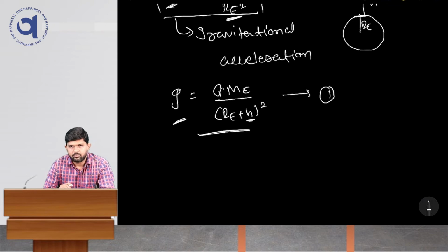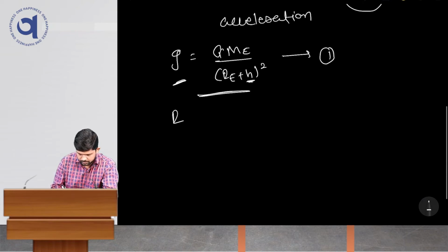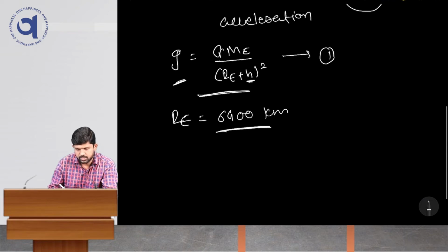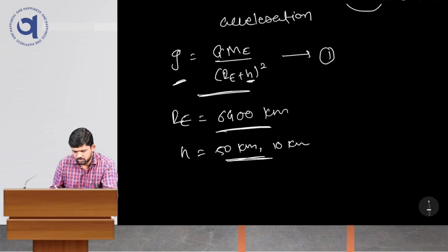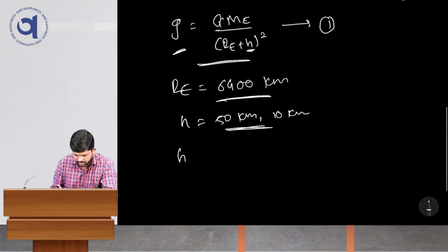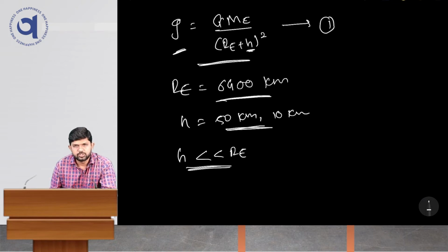But if the value of h is very small compared to re, and we know that the value of re, the radius of earth, is almost 6400 kilometer, then take the value of h as, say, 50 kilometer or 10 kilometer. This value is negligible with respect to re. So if h is negligible compared to re, then this equation of g will change. Let us see how.